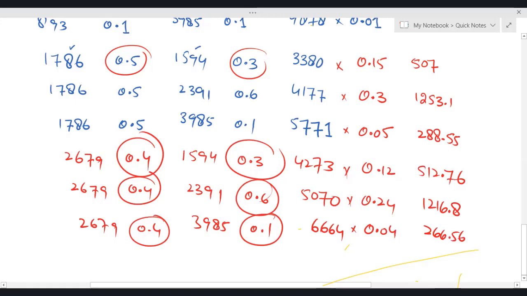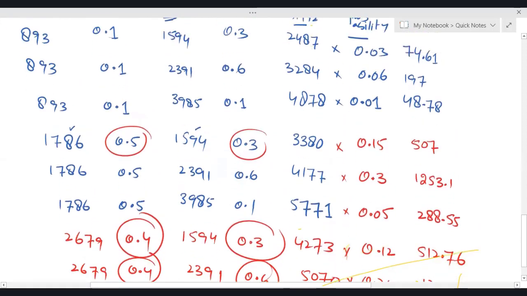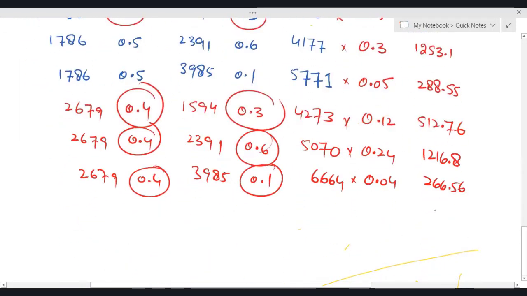Now let's see what is the present value total of this expected value.